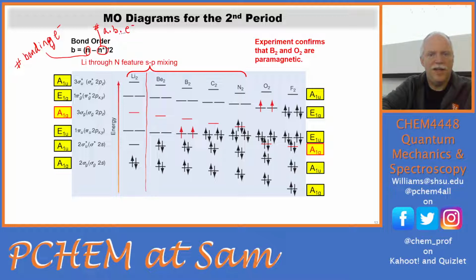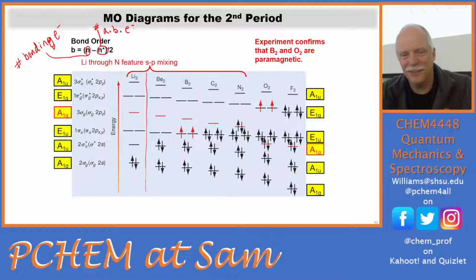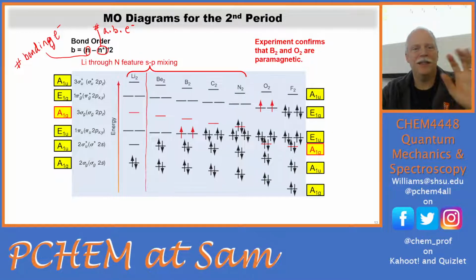Can you understand ABE? Antibonding electrons, okay? My handwriting's bad enough, this is just as good. Then you take that difference and divide by 2, because it takes 2 electrons to make a bond, and we call that the bond order.